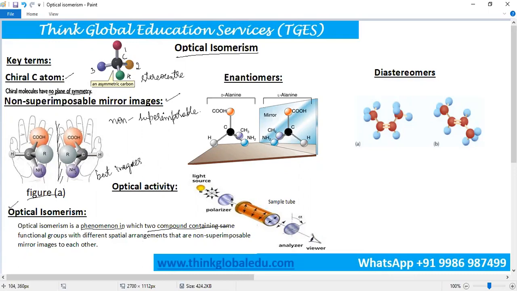The property exhibited by these molecules to rotate the plane polarized light either towards the right or towards the left direction makes them optically active, and this phenomenon is called optical isomerism.